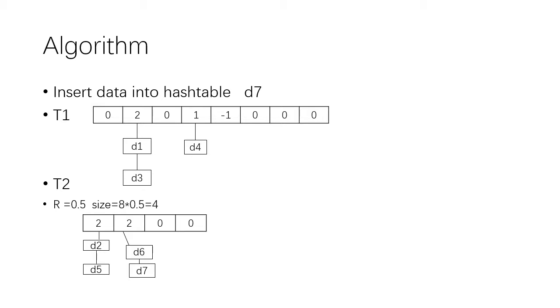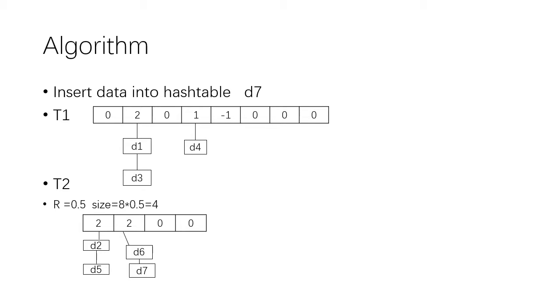So now let's handle this not acceptable condition. Remember we have 4 items in index 4 in T1, which is not acceptable. So we construct T2, and we insert the chains of these values into T2. Here we have D2 and D5 here, and D6 and D7 here.